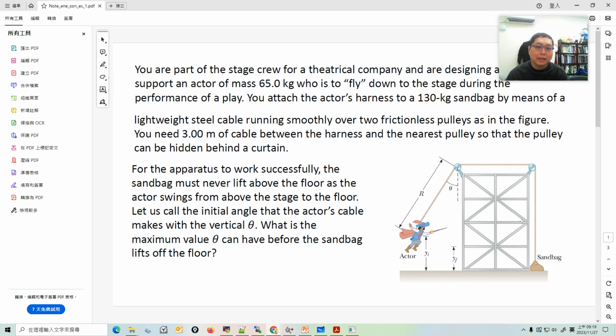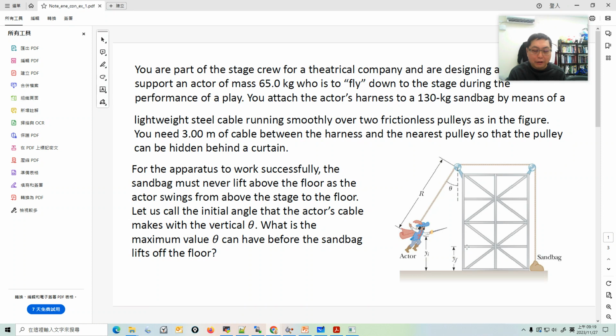But when I looked back at this problem in detail, it says the actor doesn't want the sandbag to lift when he swings from I to F. It's kind of a reverse concept, but the calculation process is the same, even if I misunderstood the problem a little bit.